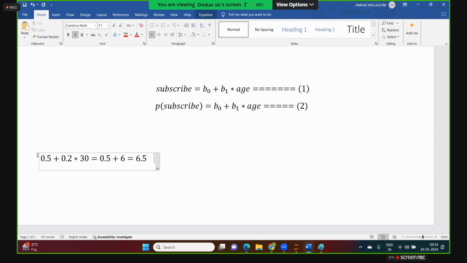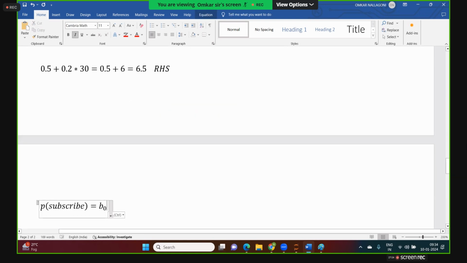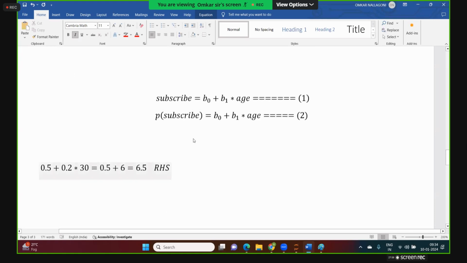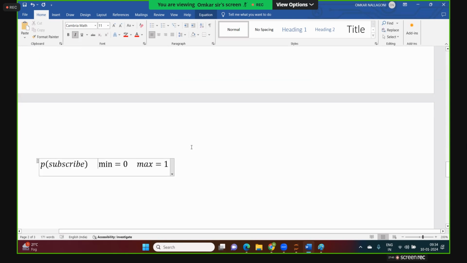Now this is the RHS, RHS equal to 6.5. But the probability of subscription has a minimum value of 0 and a maximum value of 1. It ranges only from 0 to 1. That is the drawback. So your values will never stay between 0 and 1.